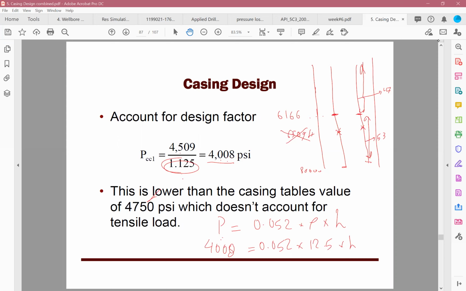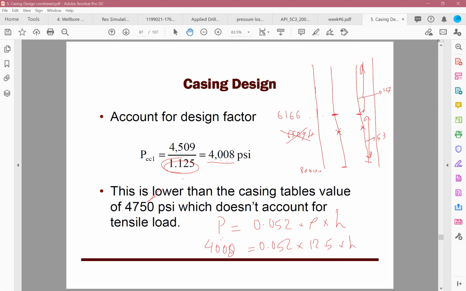That's right. Why not then? What has changed in terms of design parameters for your collapse? Anything has changed from the previous set depth, which was 6,509, and now your set depth is 6,166. Axial tension. Axial tension has changed now, right?